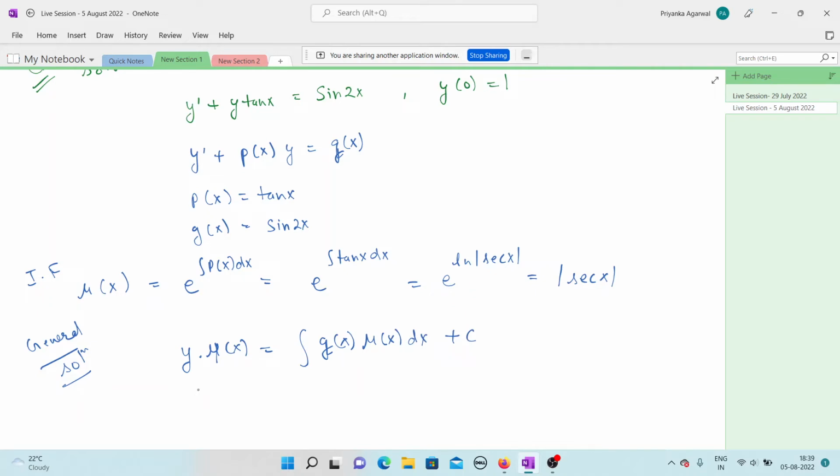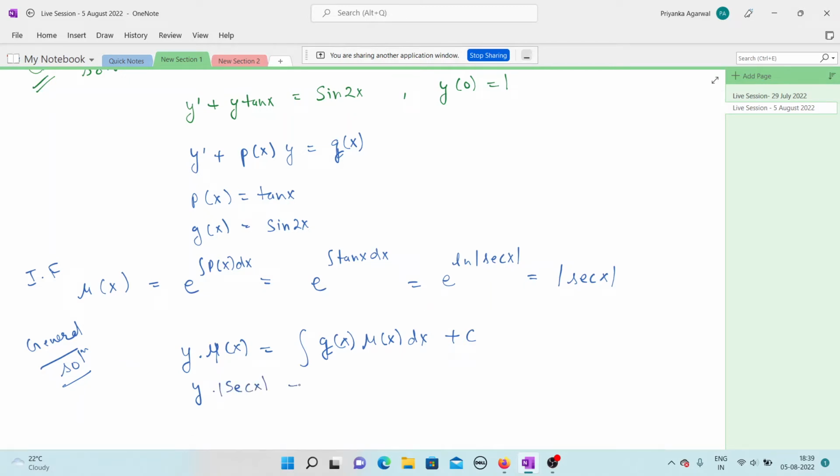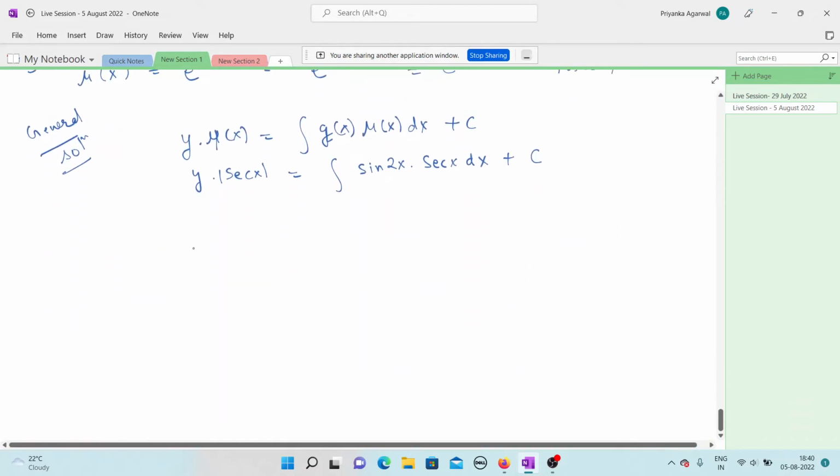So this becomes y into sec x equals the integral of sin 2x into sec x dx plus some other constant, some integration constant c.